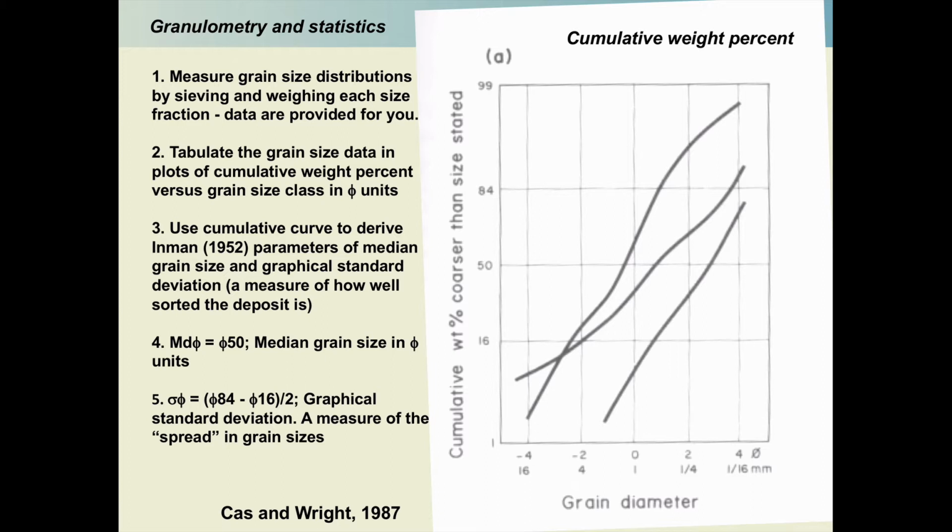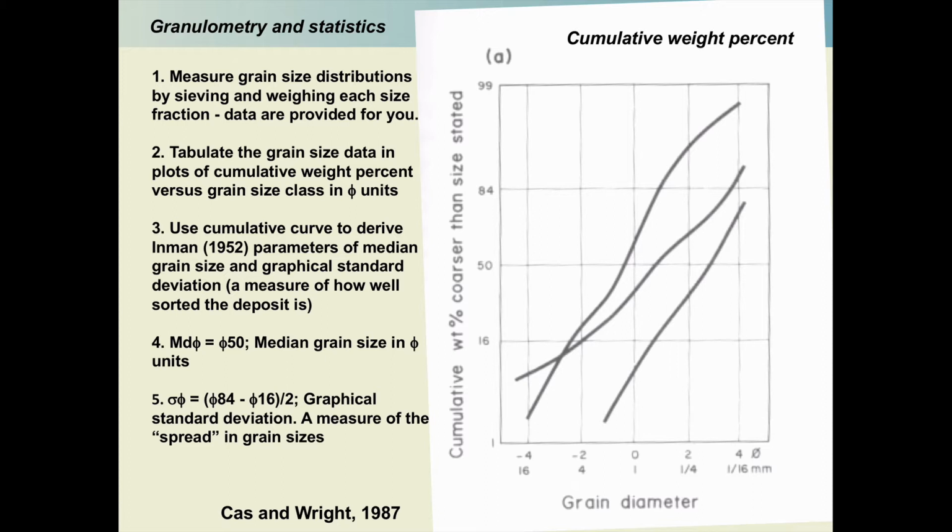It's like a massive sample of each layer that you're looking at. You'd go back to the lab. Sometimes you can do this in the field, and you'd run your samples through a set of standard sedimentology sized sieves with meshes that jive with the phi scale and the phi range of grain sizes that you're interested in.